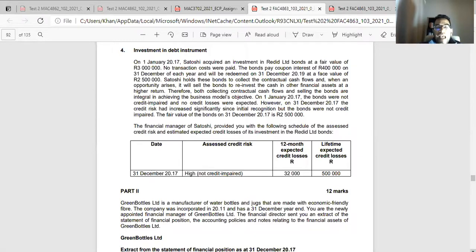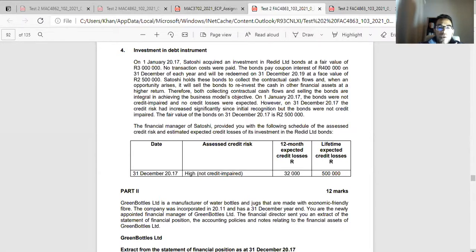Therefore, it cannot be at amortized cost. It will be mandatorily classified at fair value through OCI. Therefore, both collecting contractual cash flows and selling the bonds are integral in achieving the business model objective.